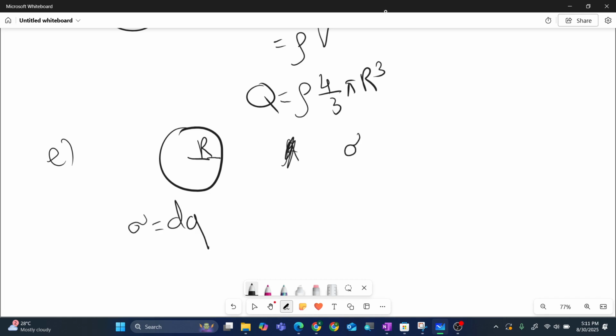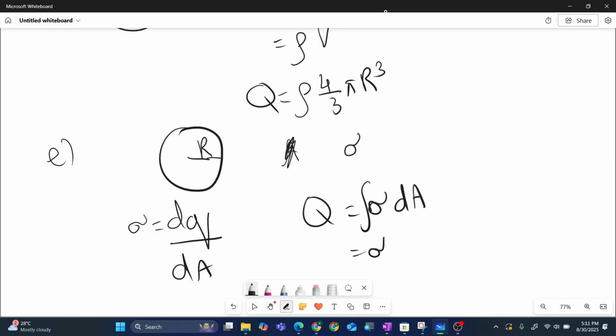Sigma is equal to dq over dA, and Q is then equal to sigma dA, which when we integrate is sigma A, and A in this case, since this is a charged disk, is pi R squared. So it's sigma pi R squared, and this is my charge for this object.